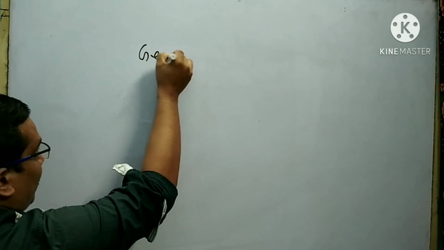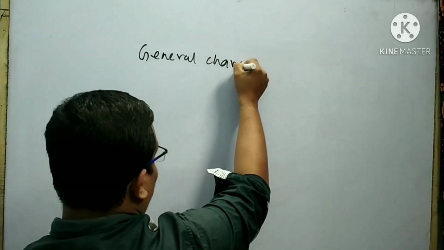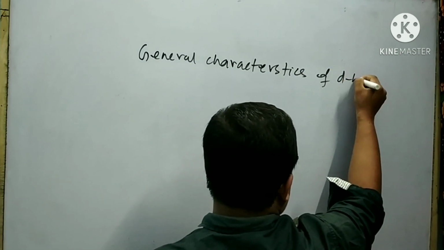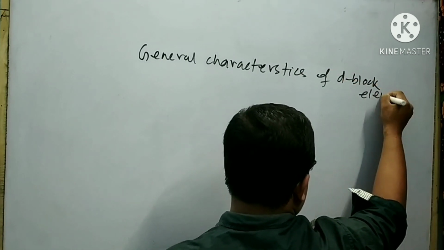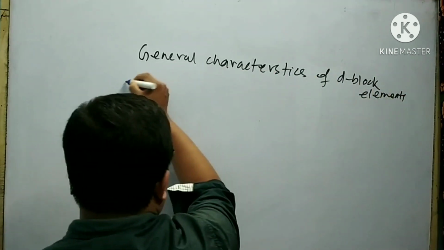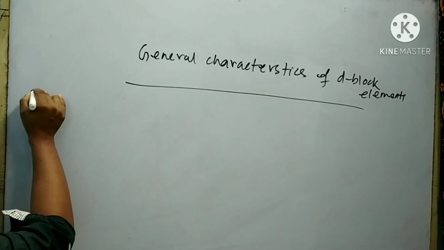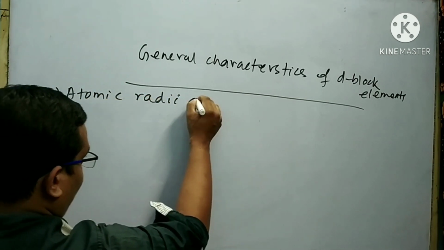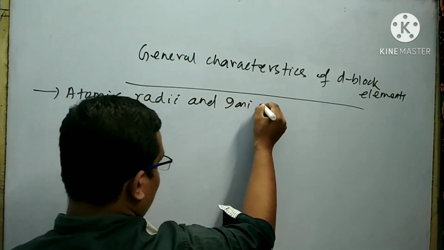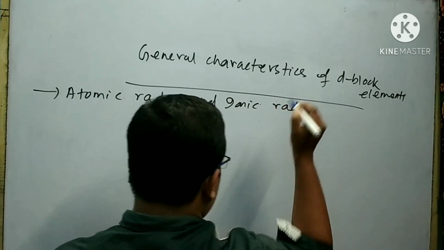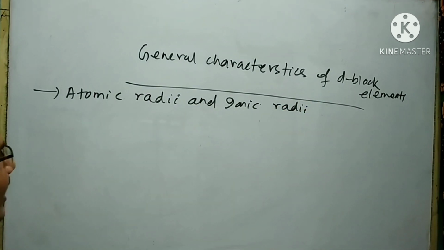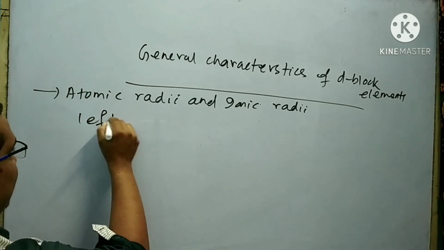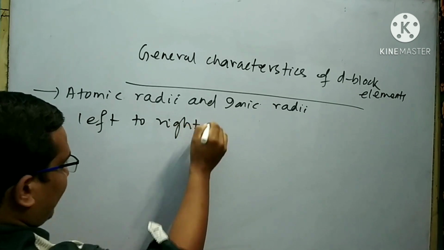Next I will explain about the general characteristics of D block elements. At first I will discuss about the atomic radii and ionic radii. Generally, the atomic radii and ionic radii go on decreasing from left to right of a periodic table.